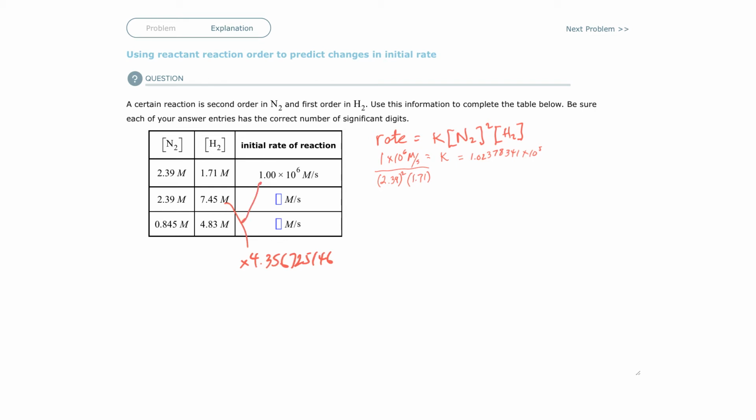The initial rate of reaction was 1 times 10 to the 6. The concentration of H2 went up by 4.3. That means the rate's going to go up by 4.3. Whatever you do here, if I double this, I double the rate. If I triple this, I triple the rate. If I go up by 4.356, then I do the rate by the same amount. So I'm going to multiply 4.3567 times 1 times 10 to the 6.